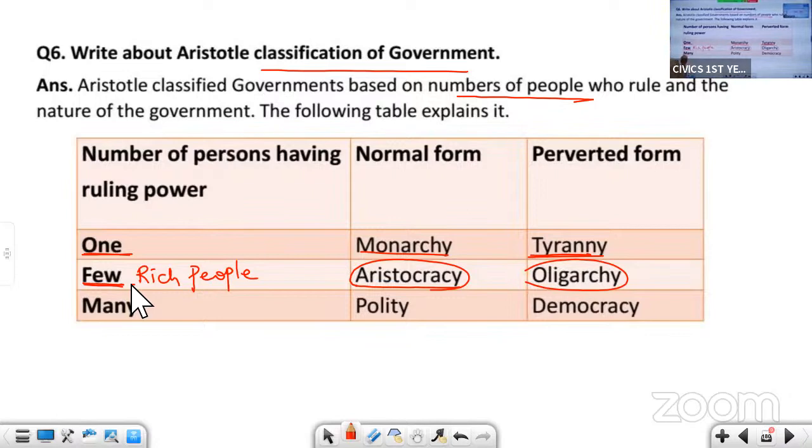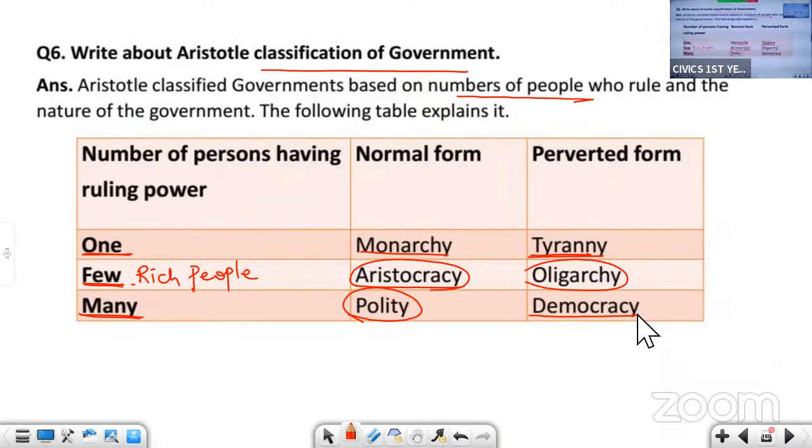And then you have many rulers. The normal form, we call it polity. And the perverted form is democracy, where everybody wants to come into power. The power is with the people, and people will elect their representatives.